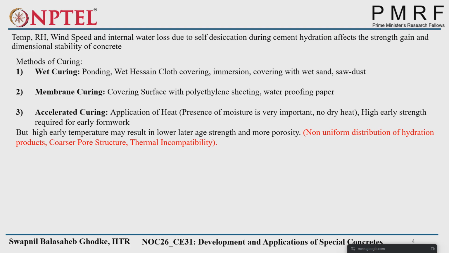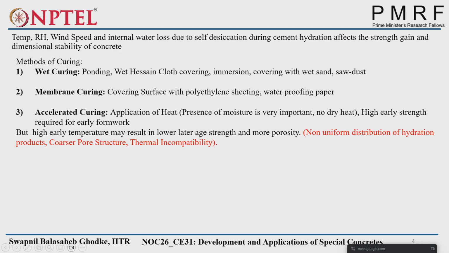Why is early strength required? Why are we providing accelerated curing, and where will we go for this type of curing? Wherever we require to remove the formwork very fast, we go for accelerated curing. But there is a disadvantage.